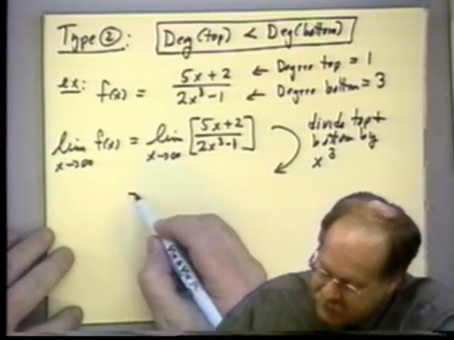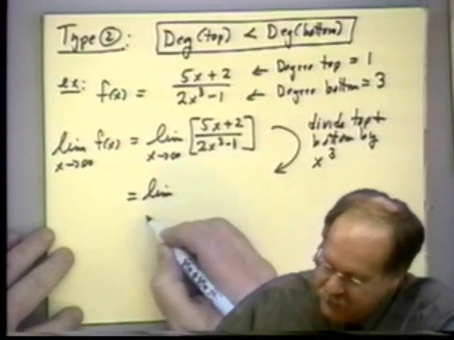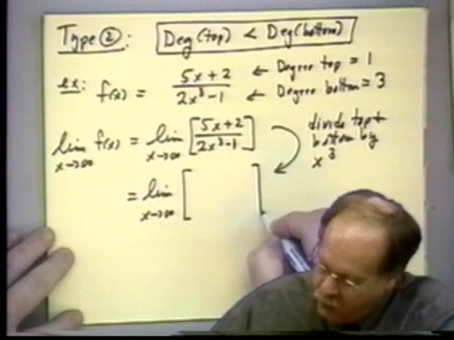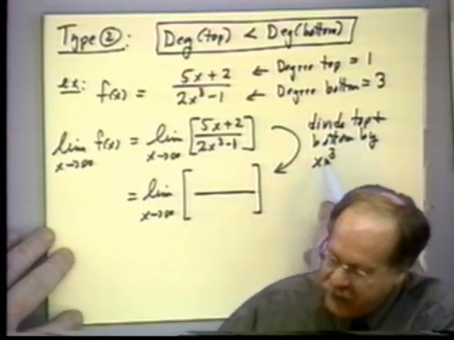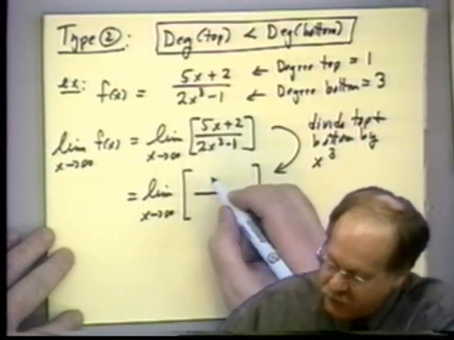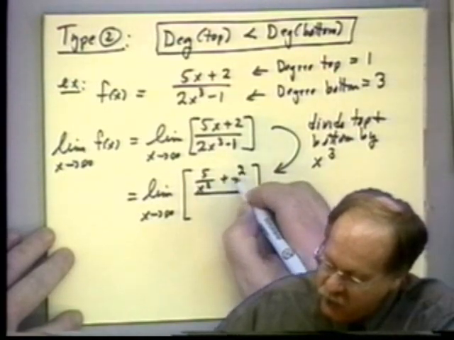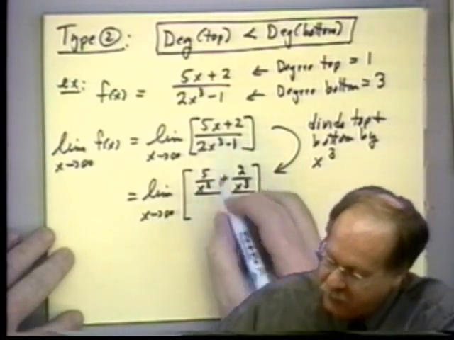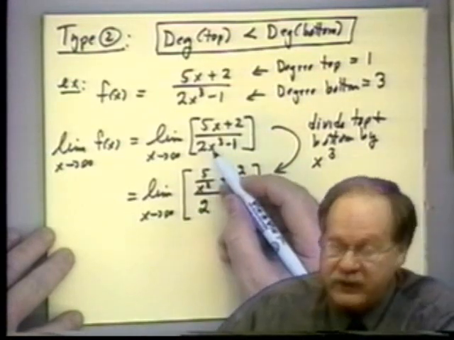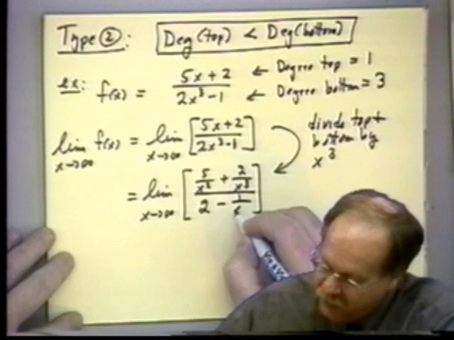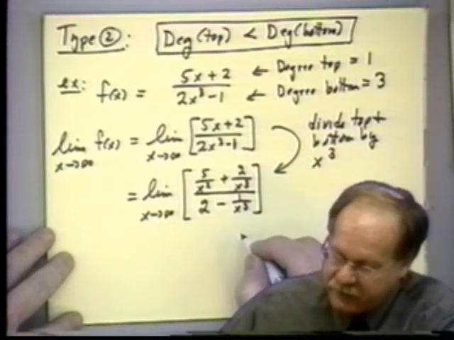Now, let's see what happens here. We have the limit as x approaches infinity. On the top, if we divide by x cubed, we get 5x over x cubed. That's 5 over x squared, plus 2 over x cubed. The bottom, we just get a 2 in the first place. That's the only place the x cubed will cancel. Minus 1 over x cubed in the second place.